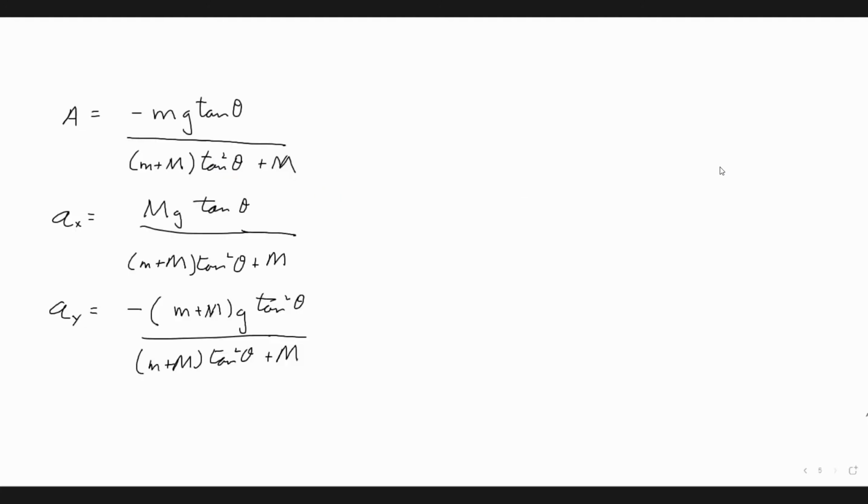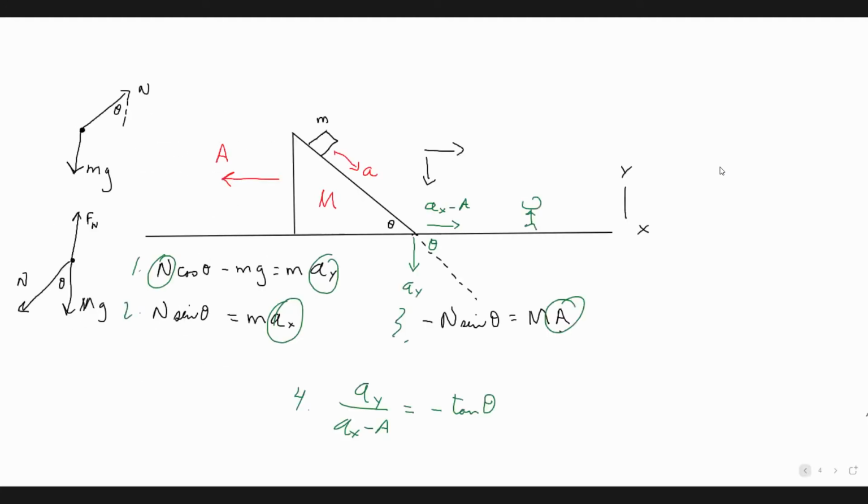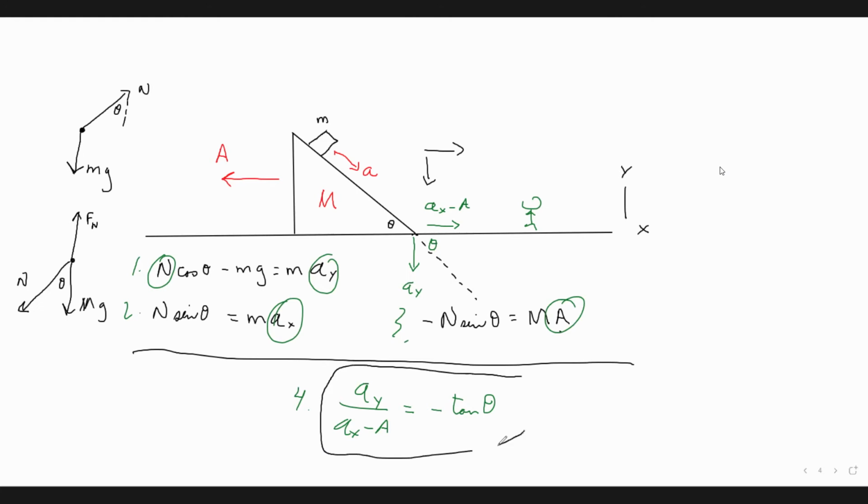Now, here's what I want you to really understand. I want you to understand where these first three equations came from. These equations come from the free body diagrams for big M and little m. This is more subtle. I won't expect you, in general, to be able to write down an equation of constraint this complicated.